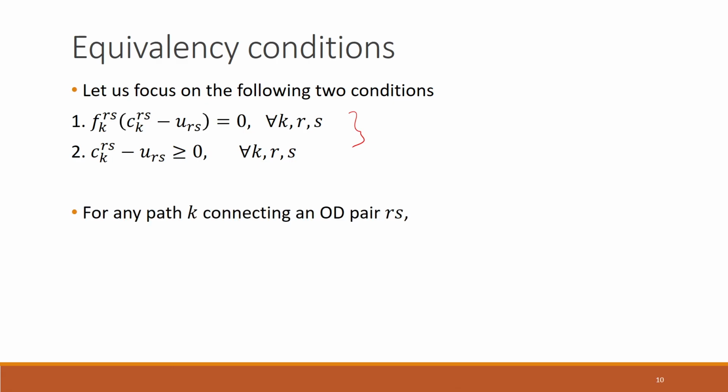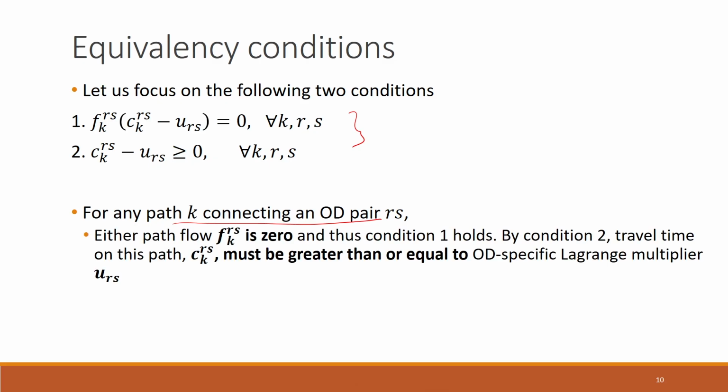Now for any path K connecting an OD pair RS, either the path flow FKRS is 0, and if that is the case, automatically this first condition will hold. Then by this condition the travel time on this path CKRS must be greater than or equal to the OD specific Lagrange multiplier URS.